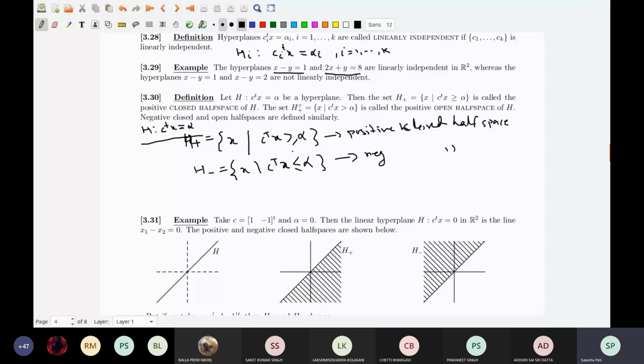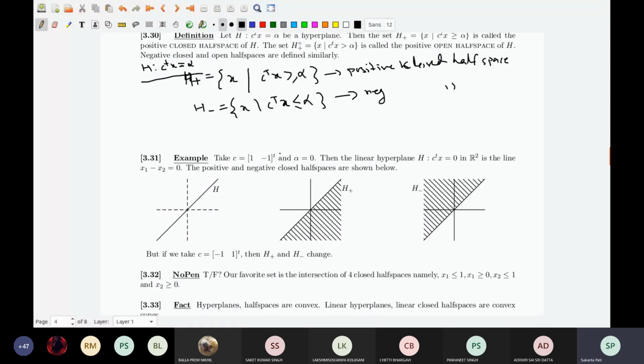So for example, in R2, if I am taking C is equal to this 1 minus 1 transpose, in that case the hyperplane is nothing but x1 minus x2 equal to 0. Okay, so that is this. And here I have taken alpha equal to 0, and what is then H plus?